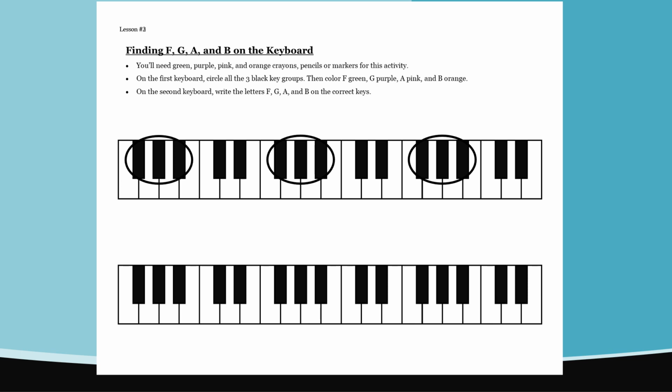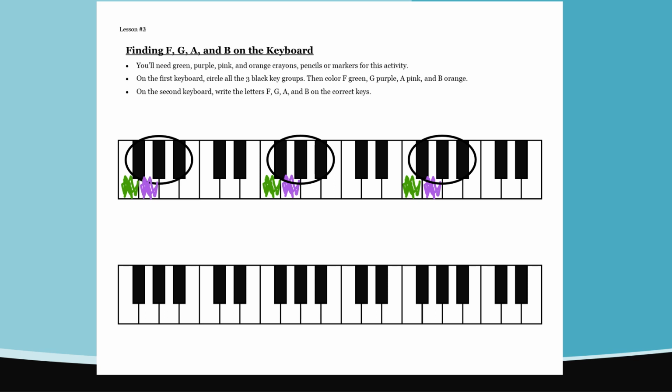Okay, you probably have a very colorful keyboard right now. Let's check your work here. So F is to the left, and we were going to color F green. There's our F keys. G is right next to F, right above F, and we were going to color G purple. Okay, did you get those 3 purple?